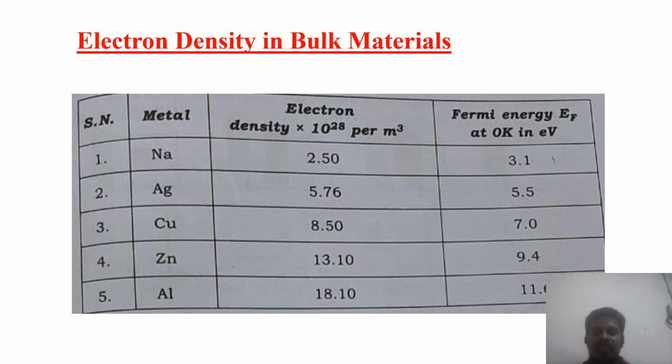If you look at aluminum, the density is 18.10 into 10 power 28 per meter cube. The Fermi energy is 11 electron volt. So this is the end of the lecture.